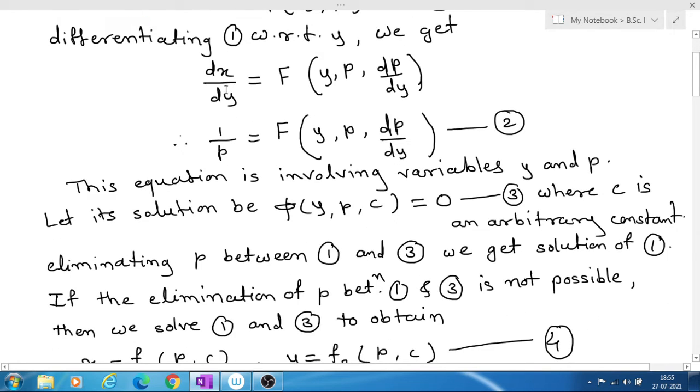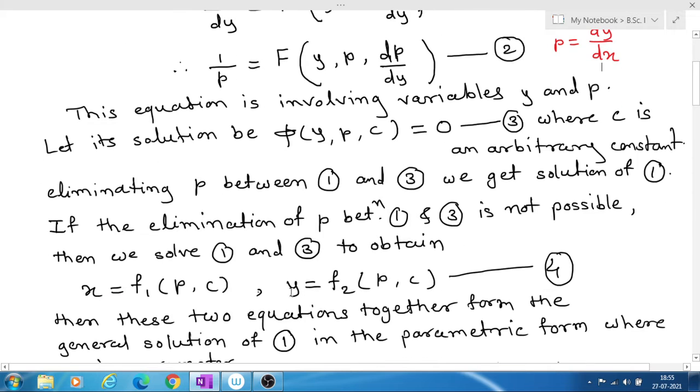So p is equal to dy by dx, and 1 upon p means dx by dy. So 1 upon p is equal to function of y, p and dp by dy.